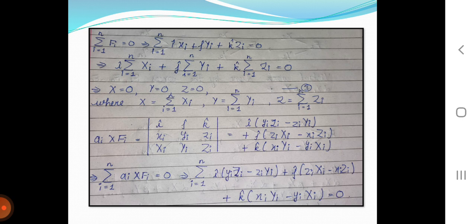Now after adding the summation, we will get summation i equals 1 to n of the given equation, which we found earlier, and opening it and then equating it to 0.